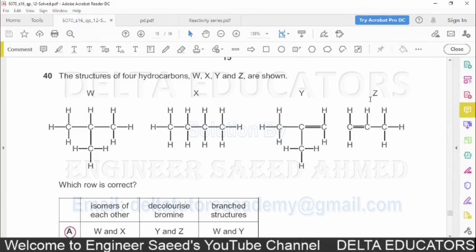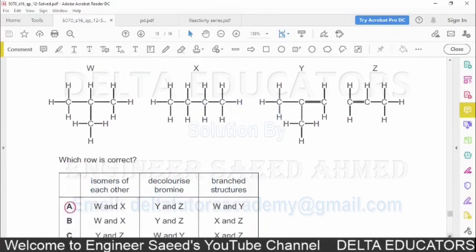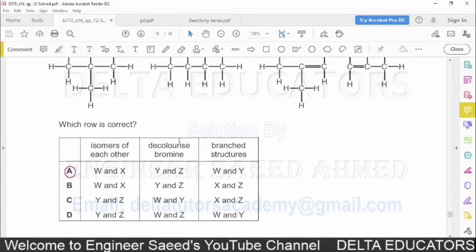But again in Z there is no branch. It is a straight chain. So branched structures are in W and Y. Decolorizes bromine are Y and Z. And isomers of each other are W and X. So the correct option is option A.